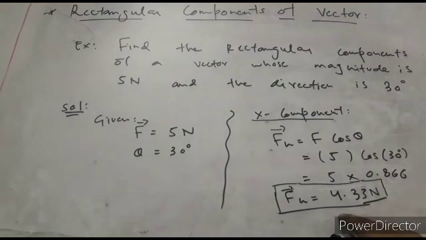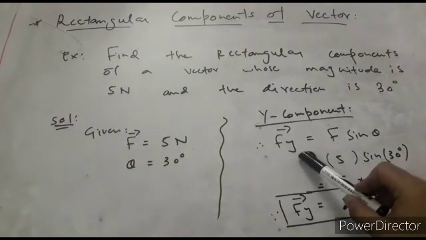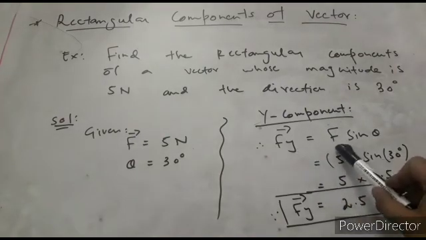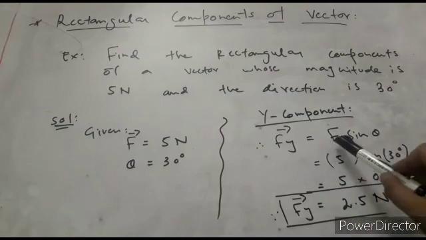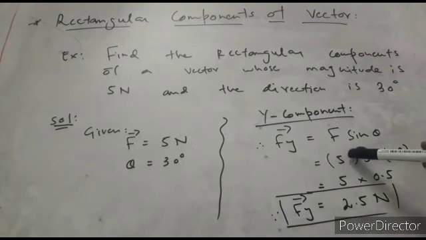Now we will find the y component or vertical component. So students, for the y component, the formula is Fy equals F sine theta. We first put the value of F, which is given as 5, and theta is 30 degrees.